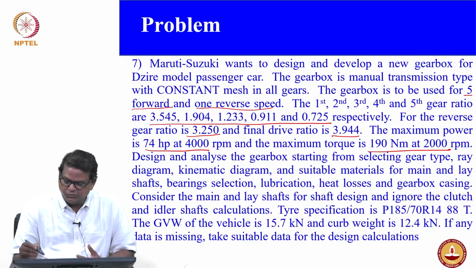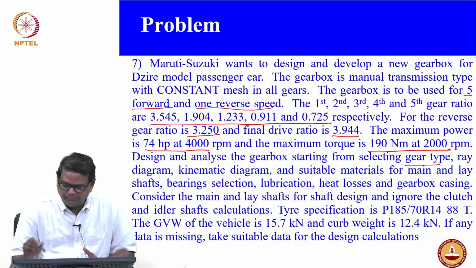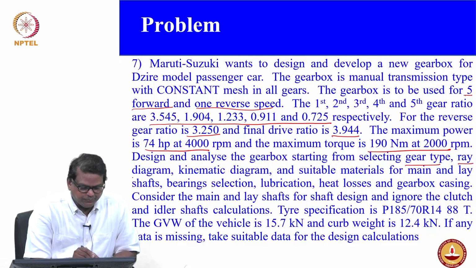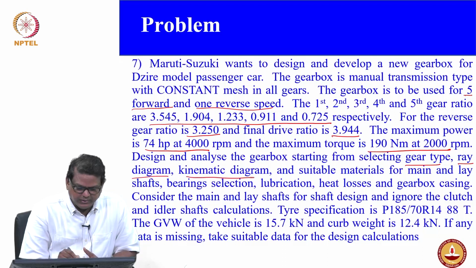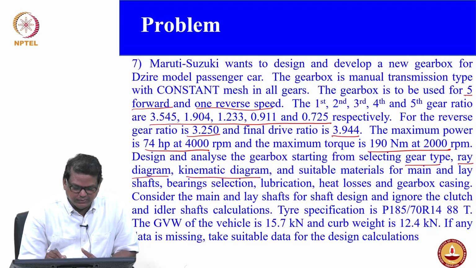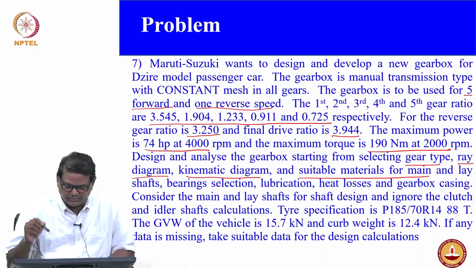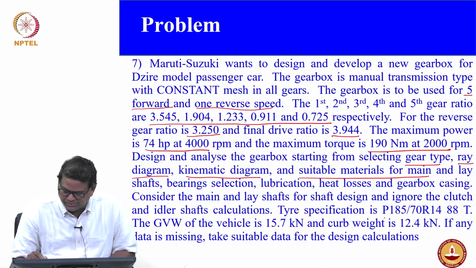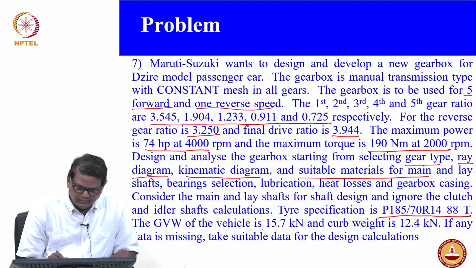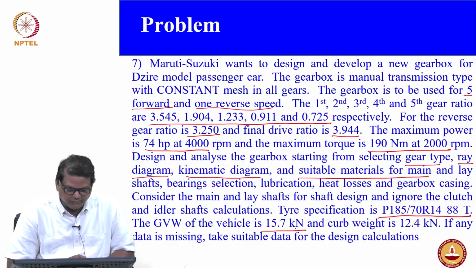So we have to do the gear type, ray diagram, kinematic diagram and suitable material for the main shaft, bearing selection, lubrication, all of that is given. And one more important piece of information is given: your tire specification and the total vehicle weight.